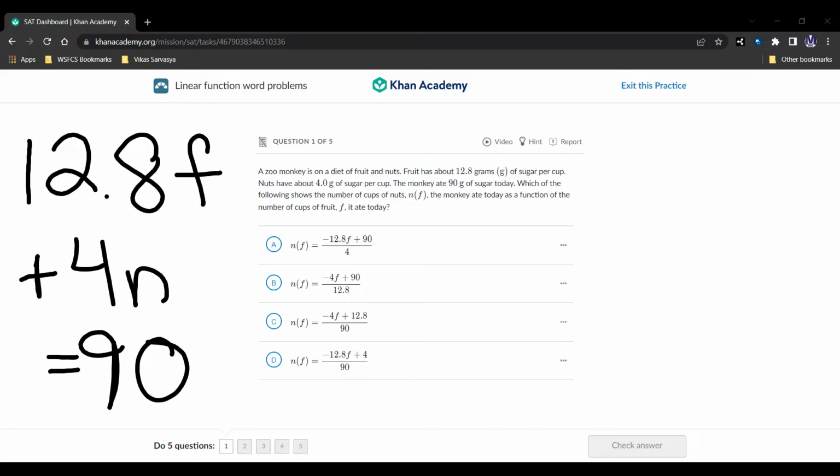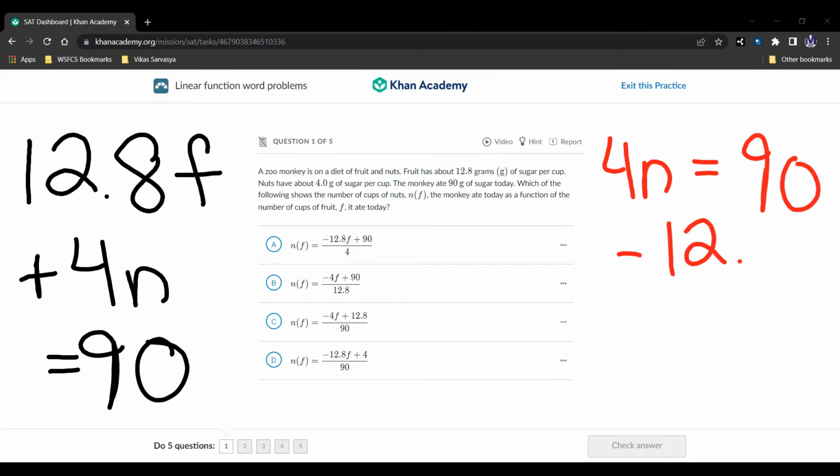All right, now we want this in terms of F, right, or N of F, which is kind of the same thing. So we subtract out the 12.8F and we get 4N equals 90 minus 12.8F.